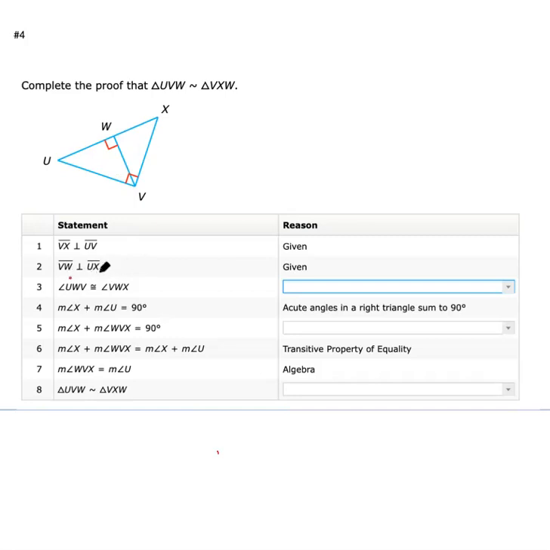VW is the same with UX. It's perpendicular to UX. So that means the next one, just looking ahead, is going to be all right angles. So number 3, all right angles are congruent.